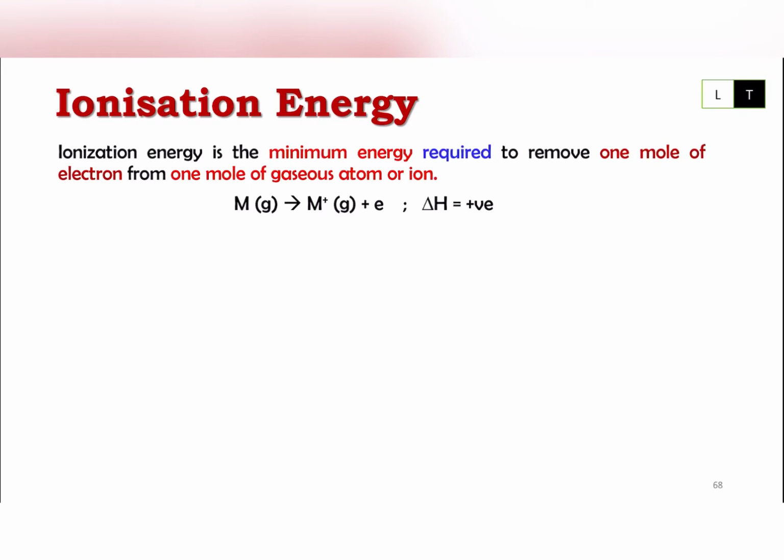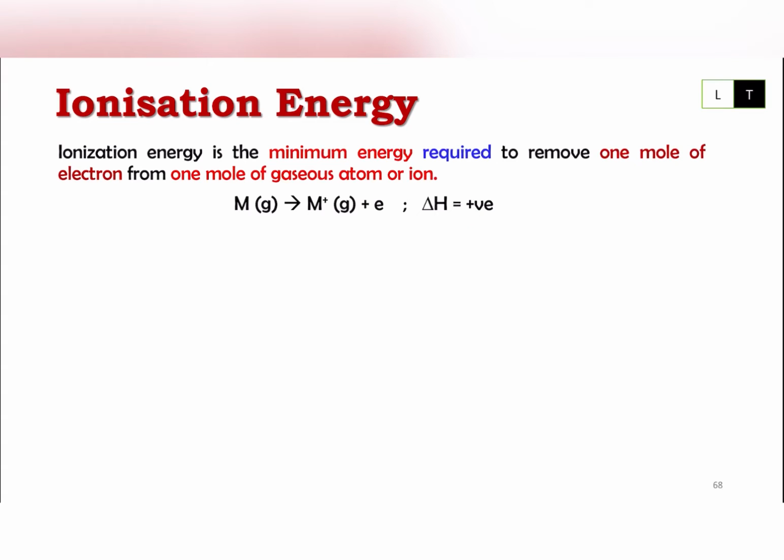The process in which an electron is removed from an atom is what we call ionization. The energy required to remove the electron is called ionization energy. This ionization energy is positive to indicate the first ionization energy.